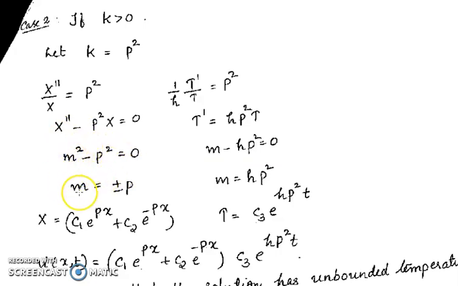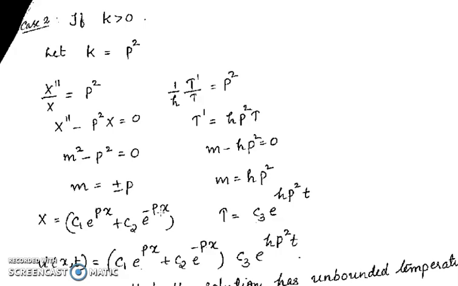Therefore, the roots of the auxiliary equation are m equal to plus or minus p. That is, here we get the two roots plus p, minus p. Both are real and different. Therefore, capital X equal to C1 e raised to px plus C2 e raised to minus px.